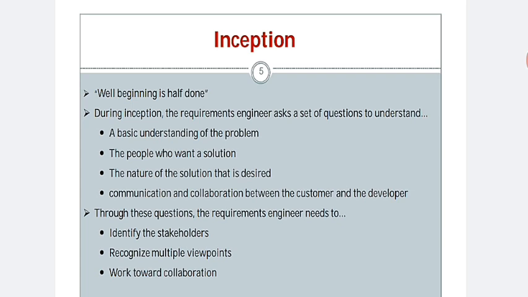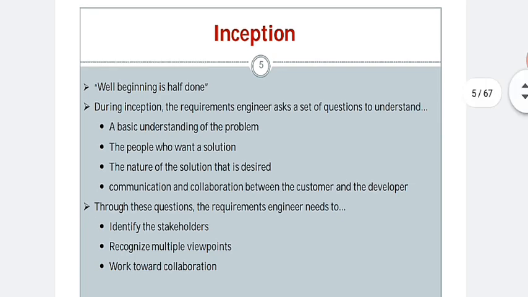Next, the people who want a solution: which people actually want the solution from the given software. Then the nature of the solution that is desired: which type of solution the user actually requires, which is also analyzed in this communication.